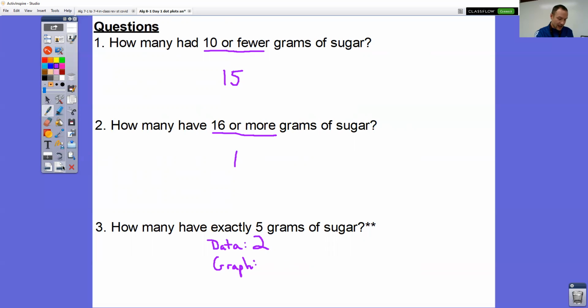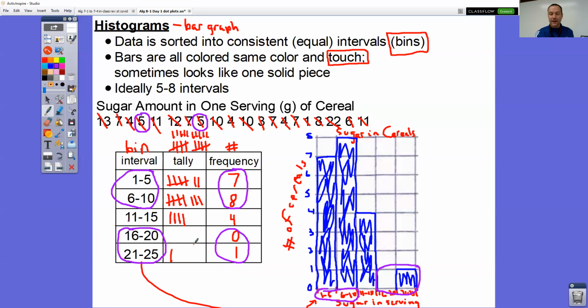Now, if they said looking at the histogram or looking at the graph, how many had 5? Well, if you're not given the data, and you were just given the table or just given the graph, can I tell exactly how many had 5? I can't, because these are grouped as 1 to 5. So these 7 little tallies could all be 3s.